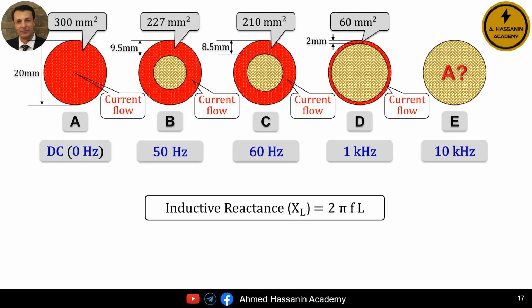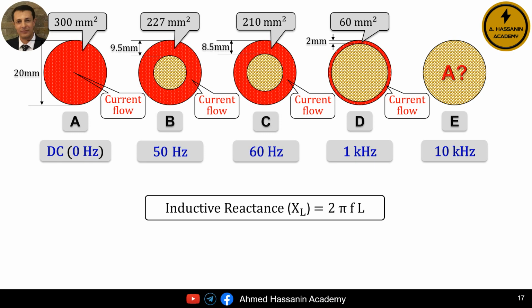Of course, as the frequency increases, the skin effect phenomenon will also increase. Consequently, the thickness of the outer layer of the conductor through which the alternating current passes will decrease. This means that the alternating current at a frequency of 1 kHz will flow through an outer layer thickness of approximately 2 millimeters.